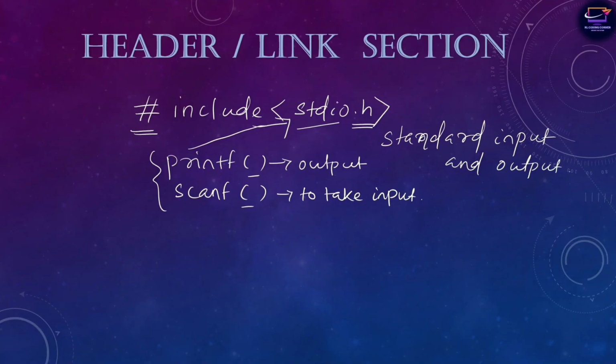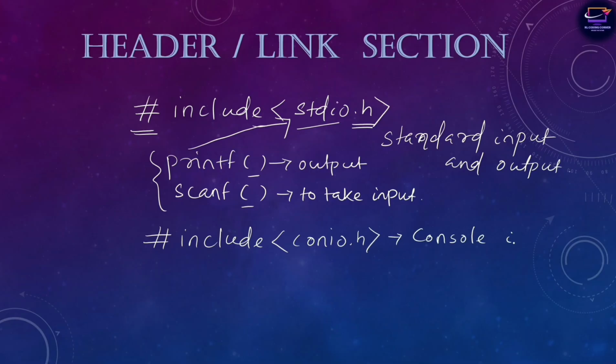Okay. Next, if you include conio.h. See, conio.h. Conio is for console input output. This is for the function getch.